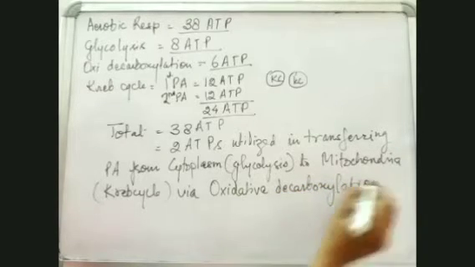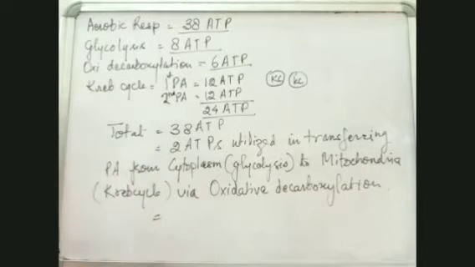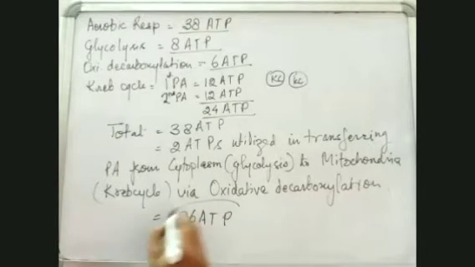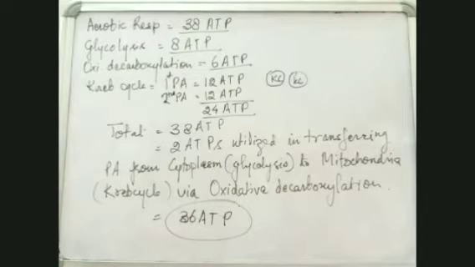As a result, how many ATPs are left? The net ATPs produced as a result of aerobic respiration is 36 ATP, because 2 are utilized. So 36 ATPs are produced as a result of the aerobic respiration.